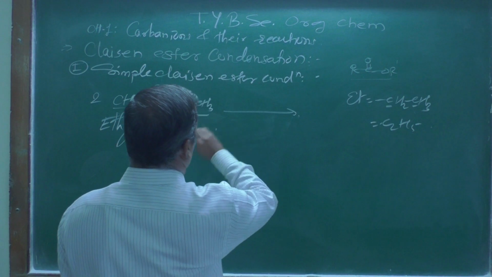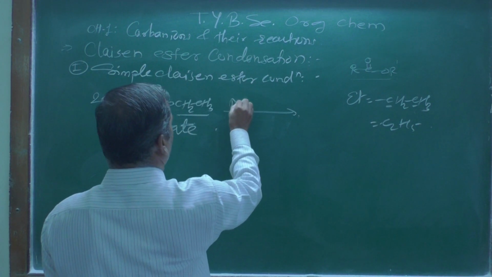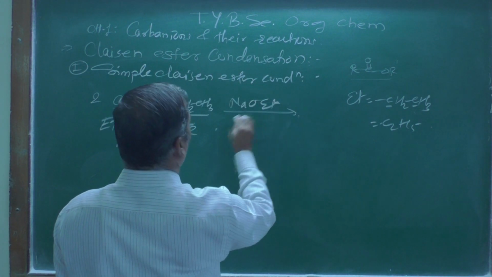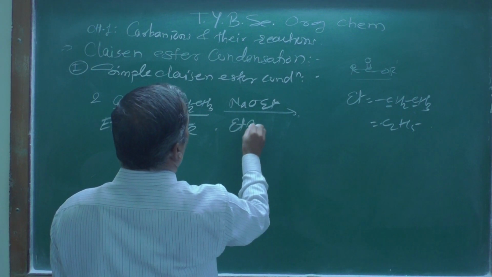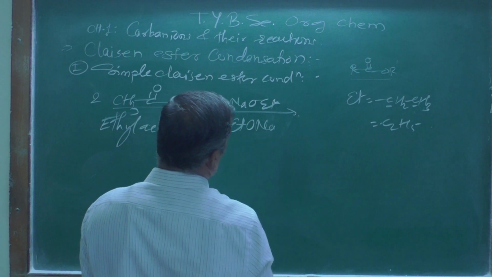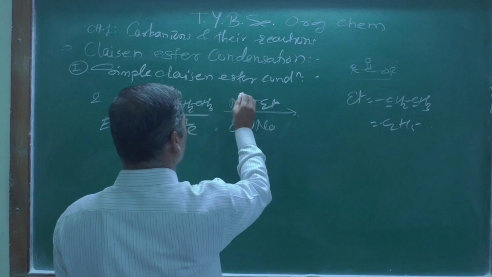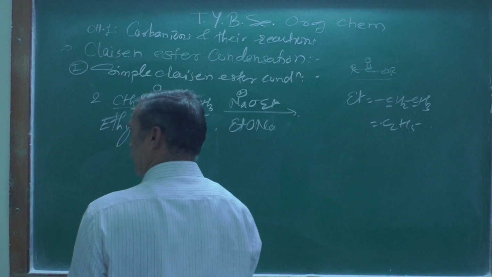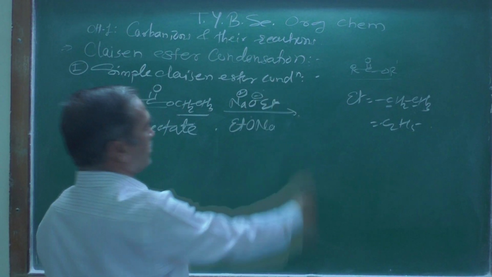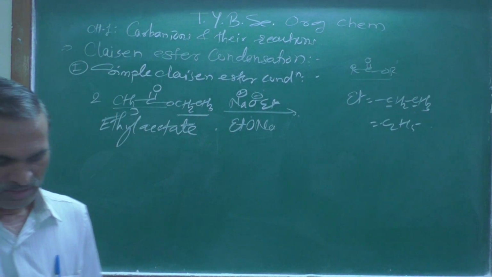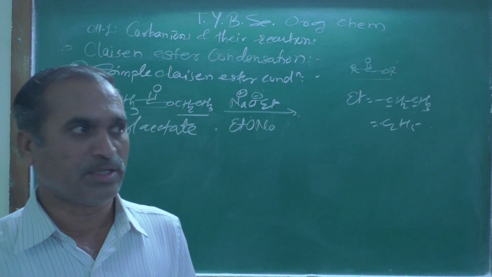In the presence of the alkoxide, you can write NaOEt, or EtONa also. As we know, the sodium atom always carries a positive charge, and the oxygen atom has the negative charge.